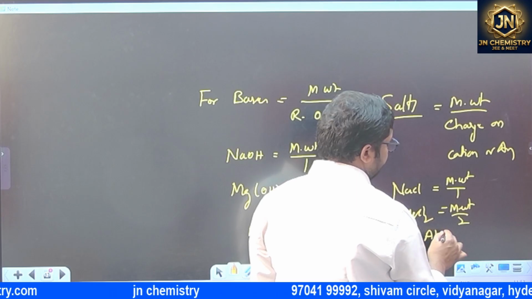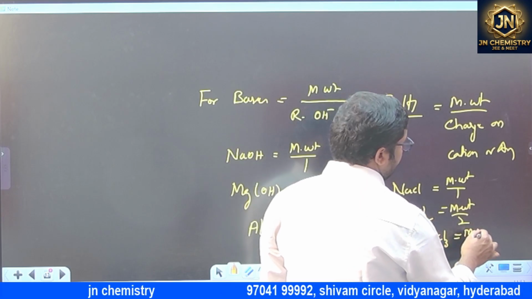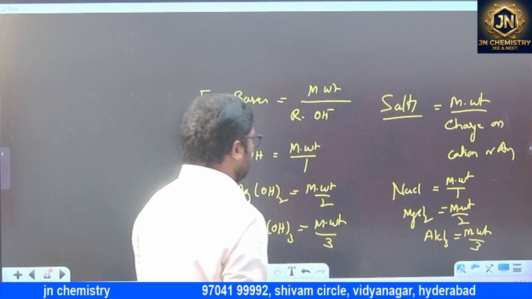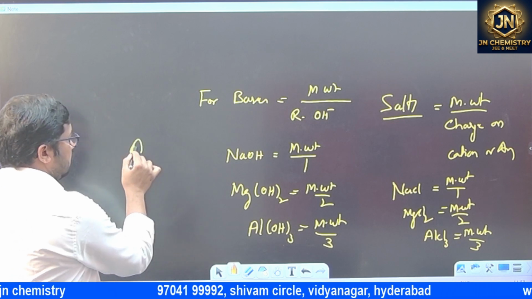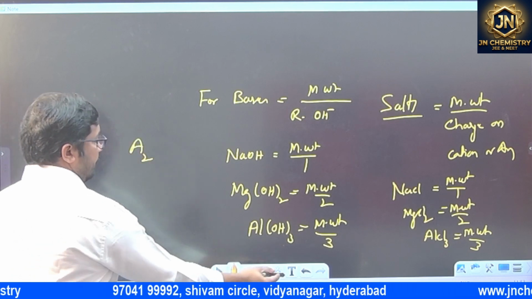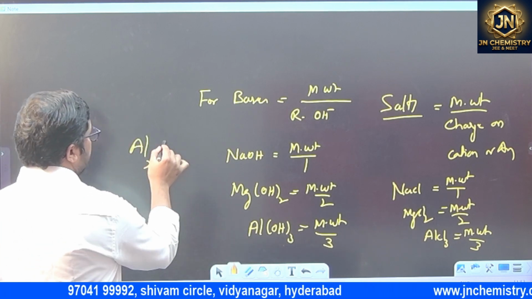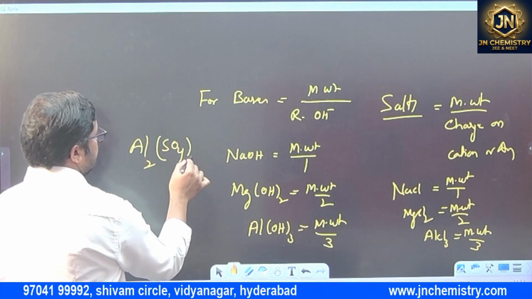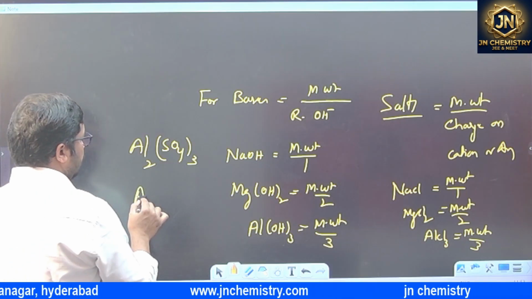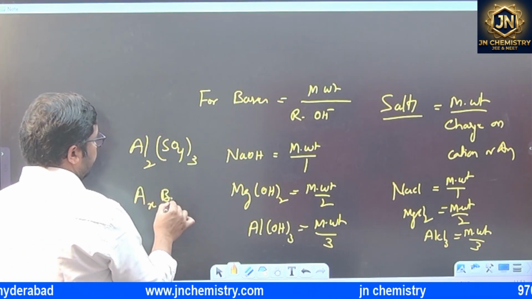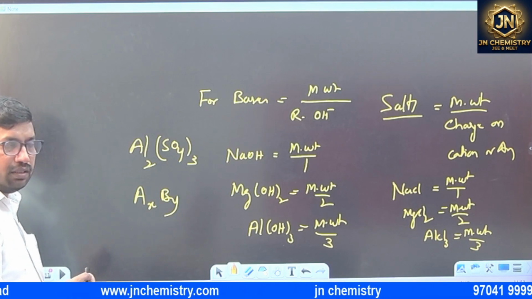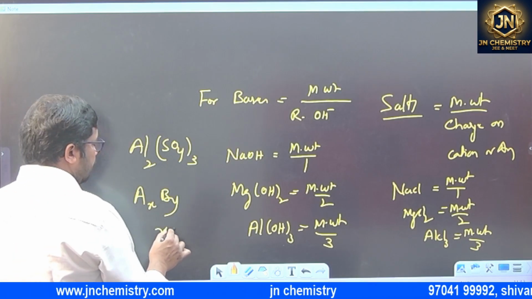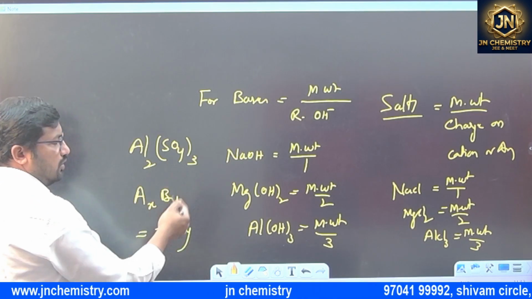AlCl3, by 3. For example Al2(SO4)3, for AxBy the n factor is x into y, so 2 into 3, 6.